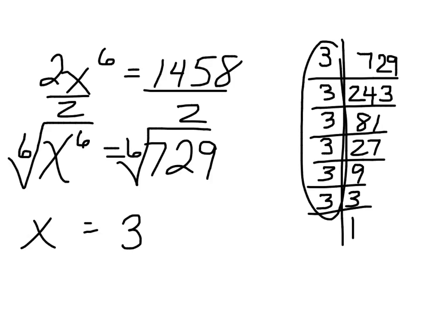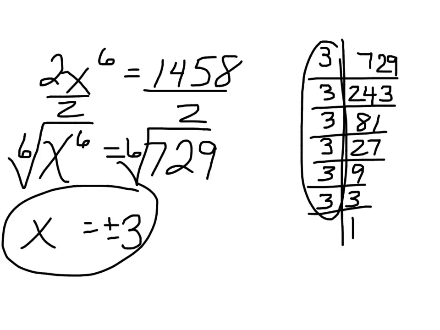This particular answer, because we are even rooting it in an equation, it should have been plus or minus. Because I can take negative 3 times negative 3 times negative 3 times negative 3 times negative 3 times negative 3 and still get 729. If you are having an even root in an equation, you got to put plus or minus.